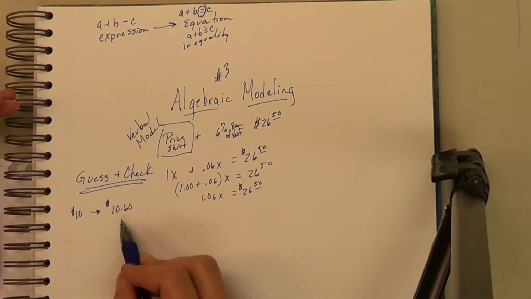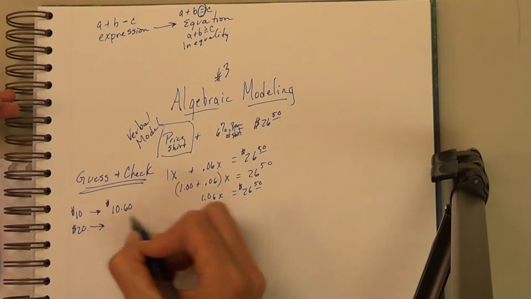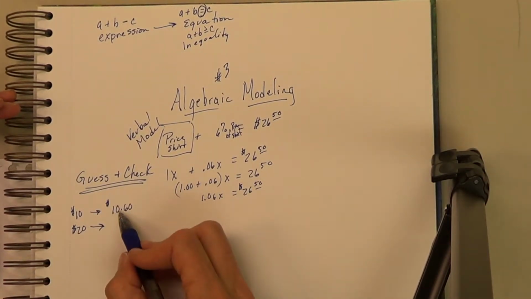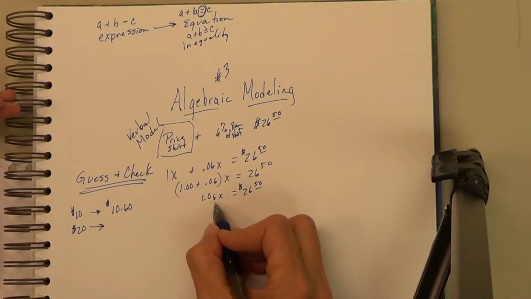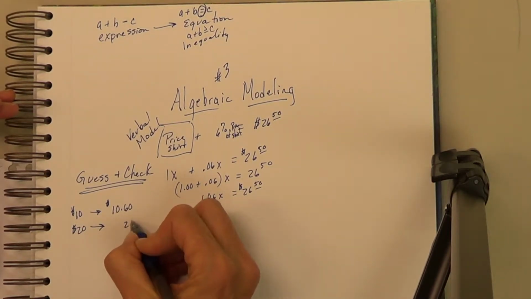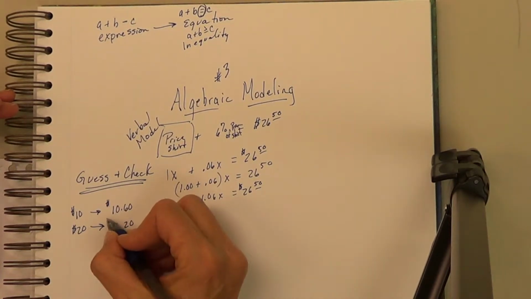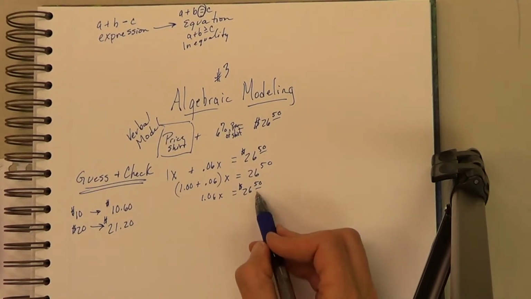Now this was way too low, so I might go up to $20. The nice thing with $20 is I just doubled these, or I doubled that. So that would come out to be 12, carry the 1, 21.20. That's not quite enough either.